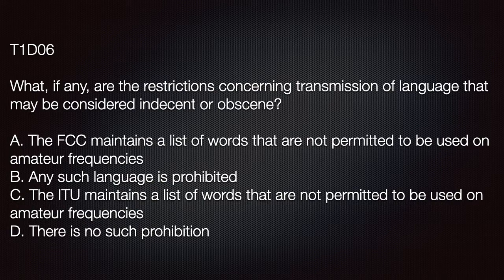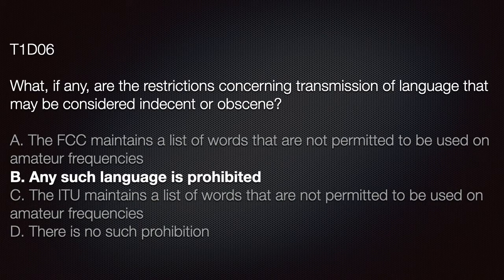What, if any, are the restrictions concerning the transmission of languages that may be considered indecent or obscene? Alpha, the FCC maintains a list of words that are not permitted to be used on the amateur frequencies. Bravo, any such language is prohibited. Charlie, the ITU maintains a list of words that are not permitted to be used on the amateur frequencies. Or D, there's no such prohibition.